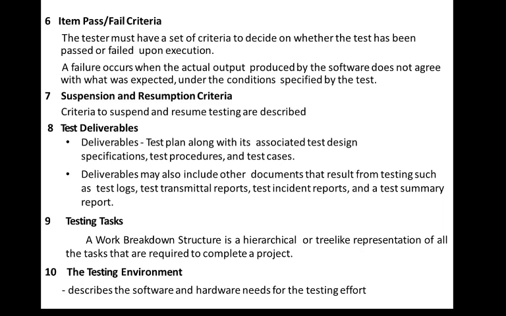The master test plan should provide a general description of these criteria. In the test design specification section, more specific details are given for each item or group of items. A failure occurs when the actual output produced by the software does not agree with what was expected under the conditions specified by the test.